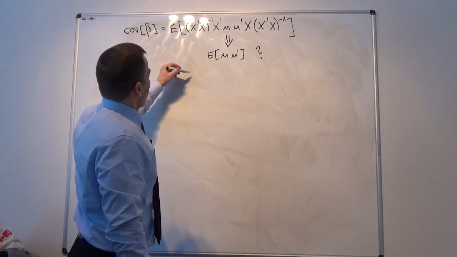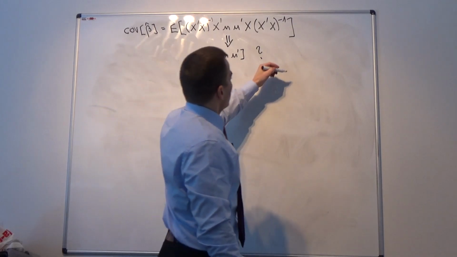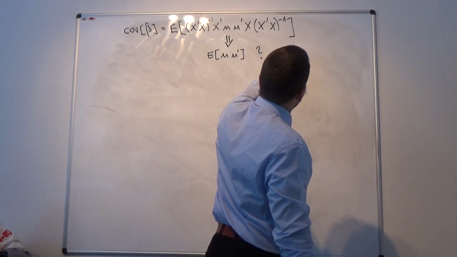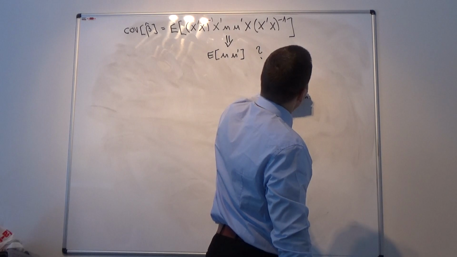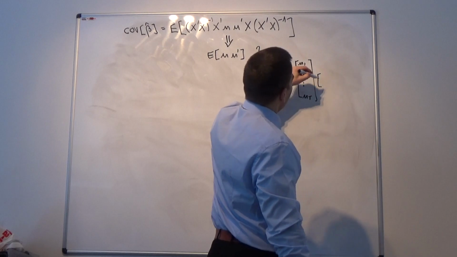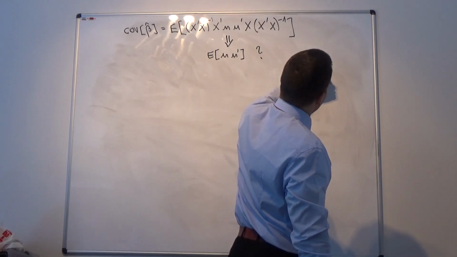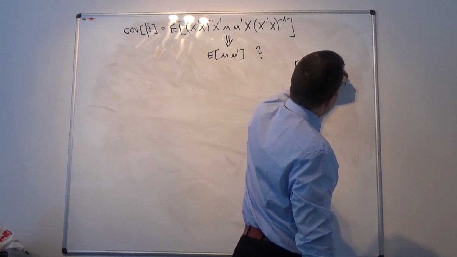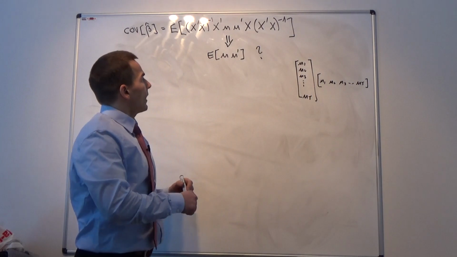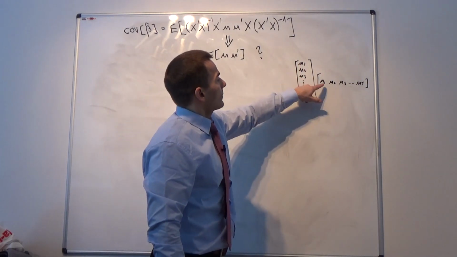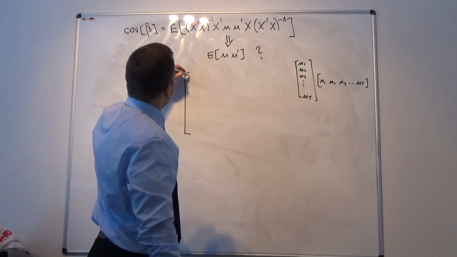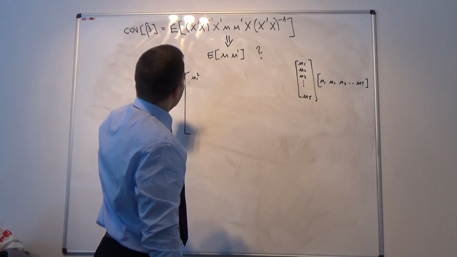So now we have to think about what it is. Our u is a T by 1 vector with u1, u2, u3 until uT, times itself transposed, which becomes a row vector with u1, u2, u3, and so on until u capital T. If you multiply this out, what comes first is obviously u1 squared.